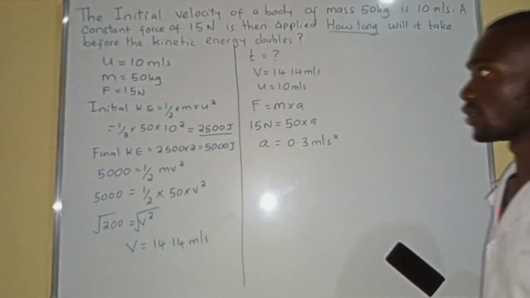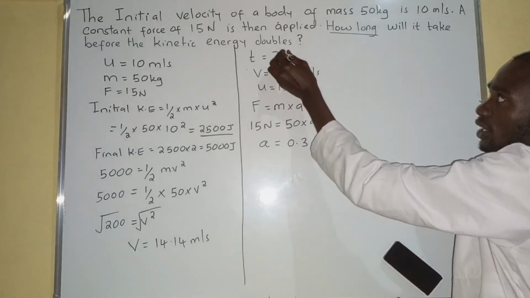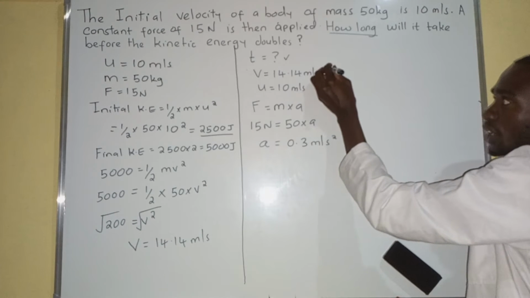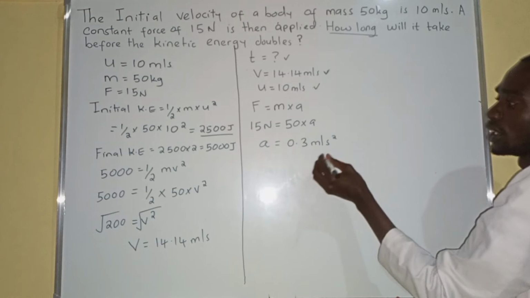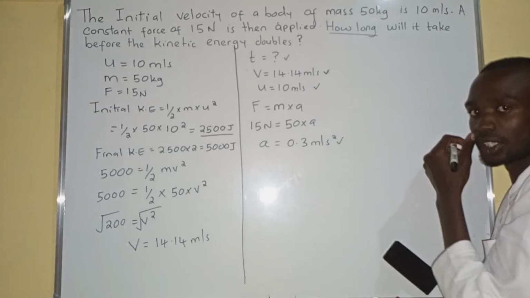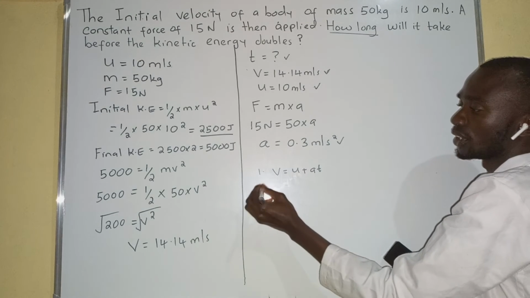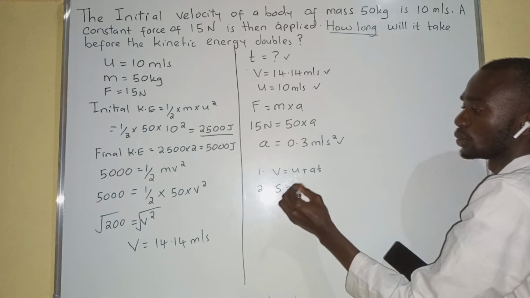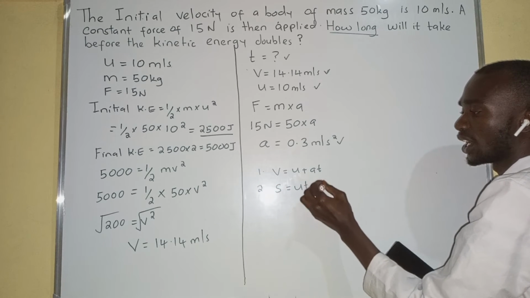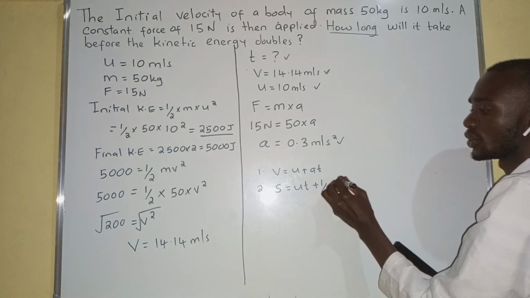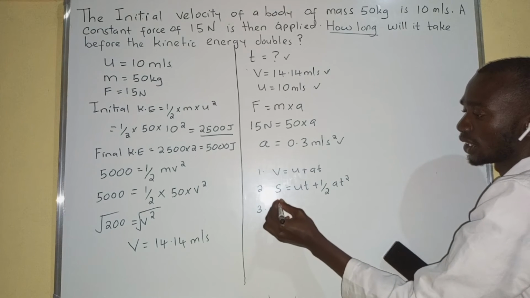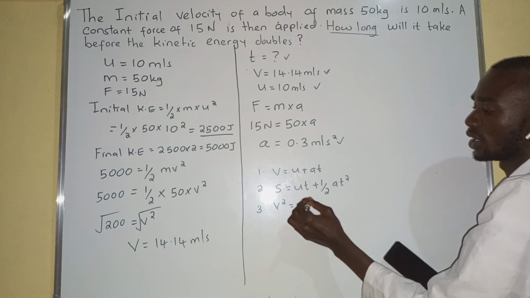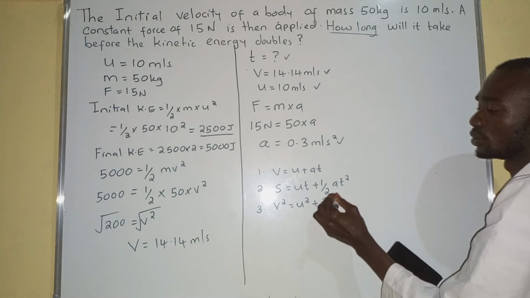Now we're looking for time. We have the final velocity, the initial velocity, and the acceleration of the body. The second equation is s equals ut plus a half at squared, and number 3, v squared is equal to u squared plus 2as.